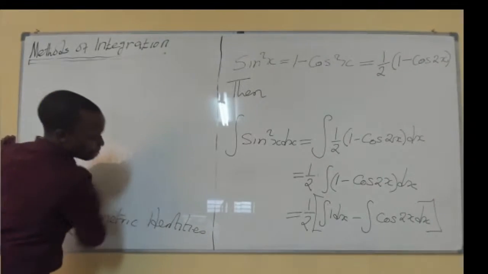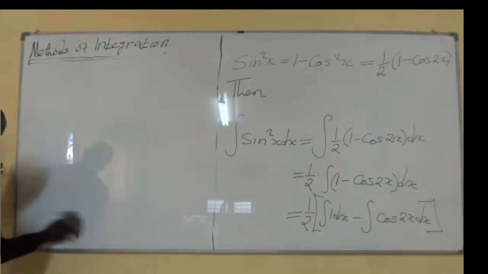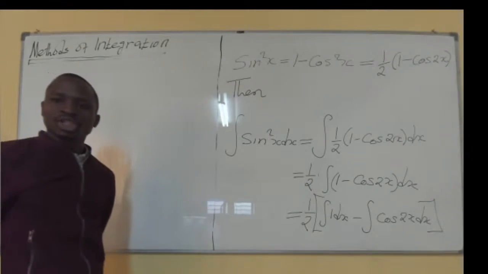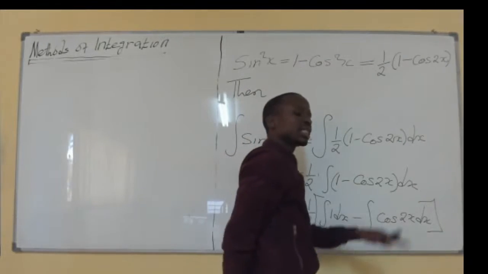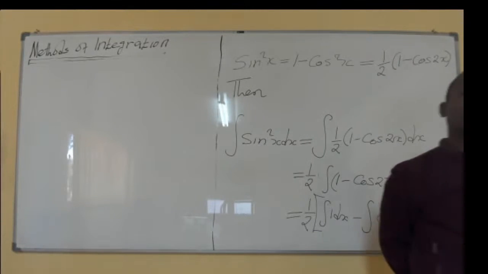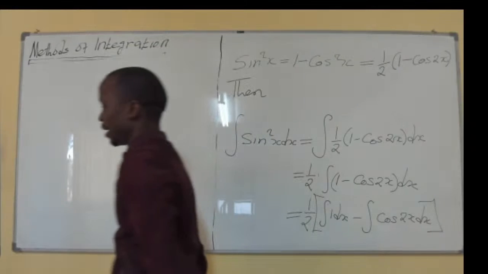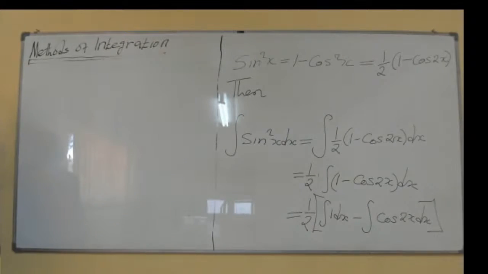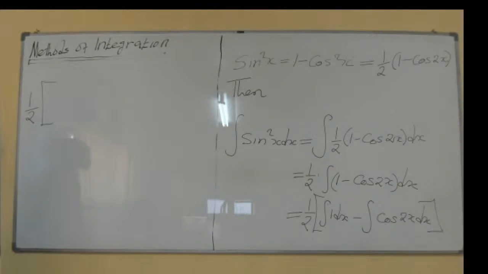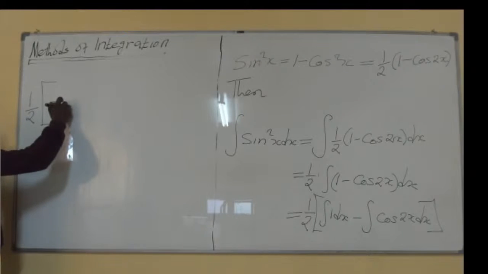We continue. The question we need to ask ourselves now is: what is the derivative of cos 2x? Here, I don't even need to start looking for possible answers. What function was differentiated to give us 1? It is just x.